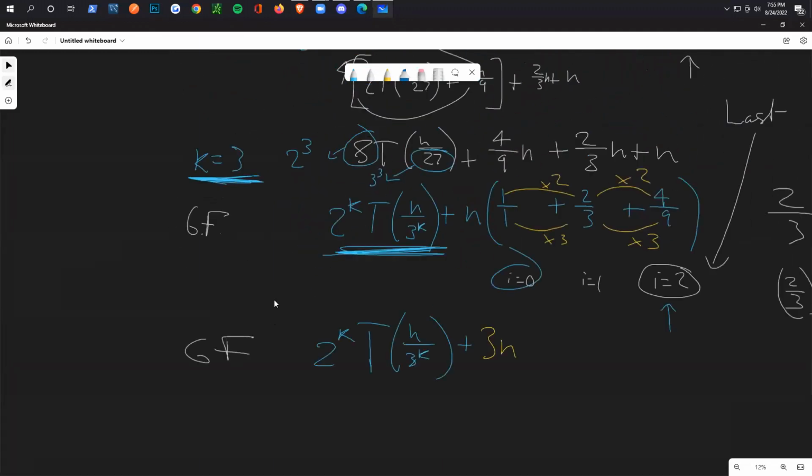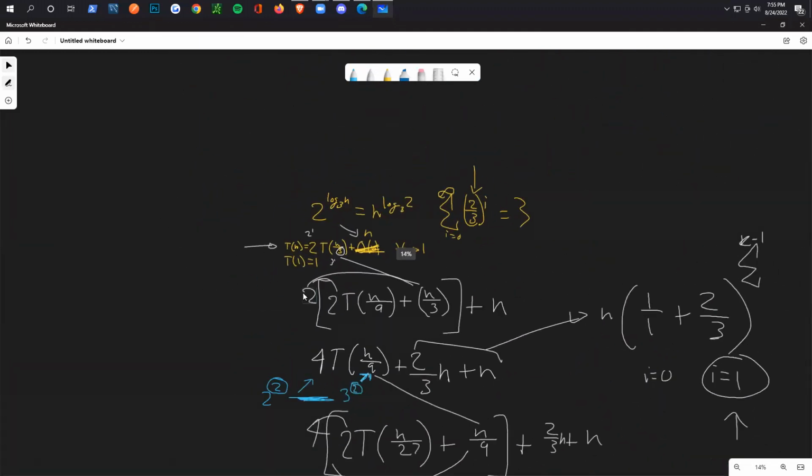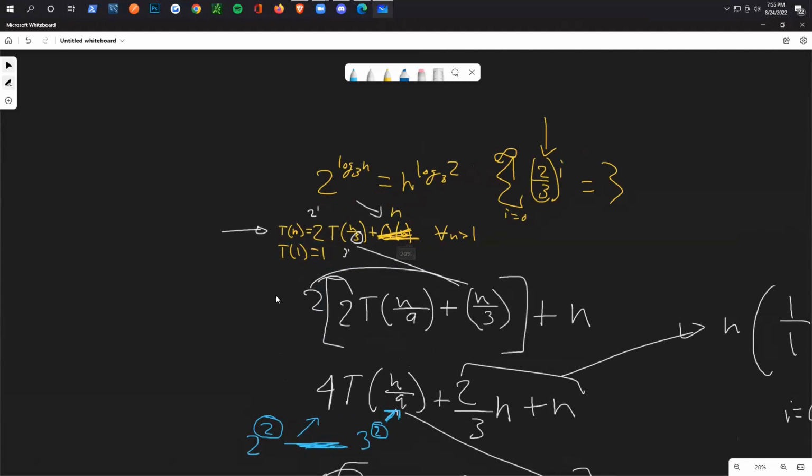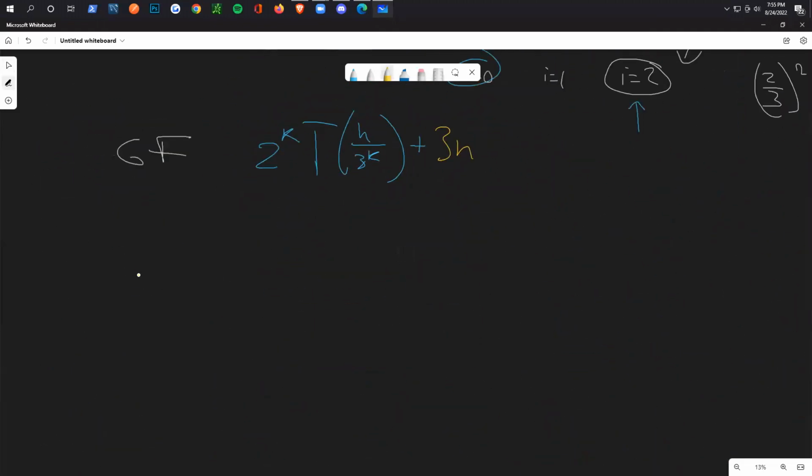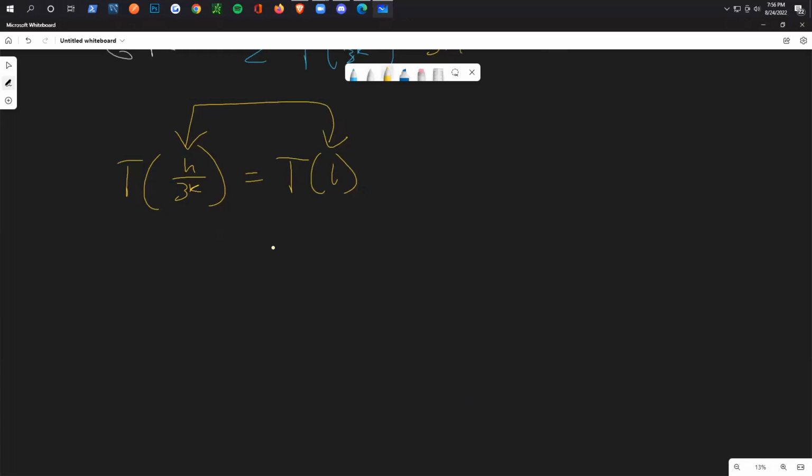So now once you have your general form, let's see what the base case is. T of 1 equals 1. So what we're going to do, we're going to get T of n over 3^k, and then T of 1. We're just going to take these two terms and set them equal to each other. n over 3^k equals 1.